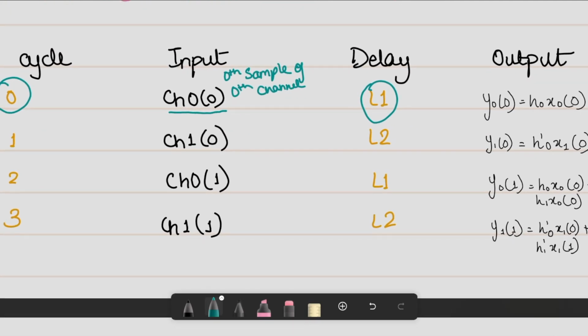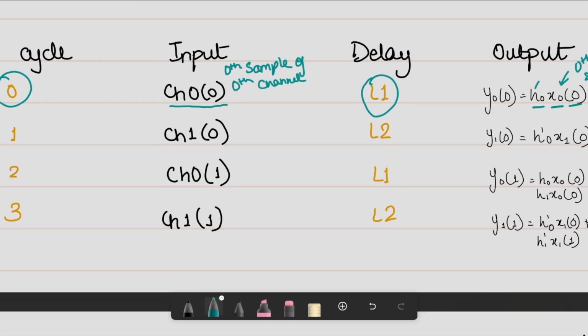And the output would be a dot product between H0 and X00. X00 over here represents again the input to the FIR IP of the 0th sample from the 0th channel with the coefficient for the first channel, or the 0th coefficient for the coefficient set labeled for the first channel.